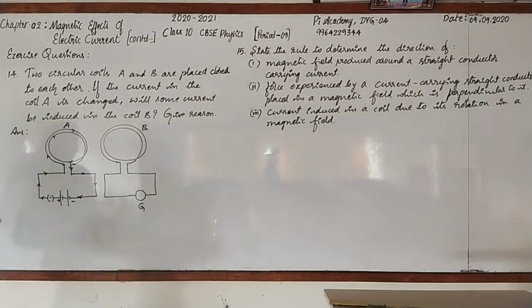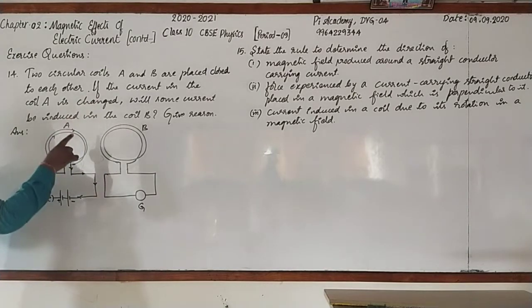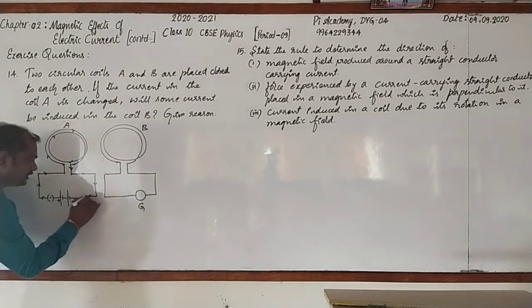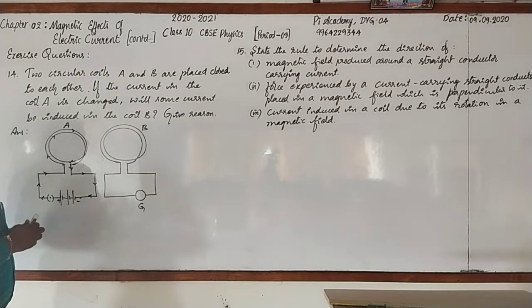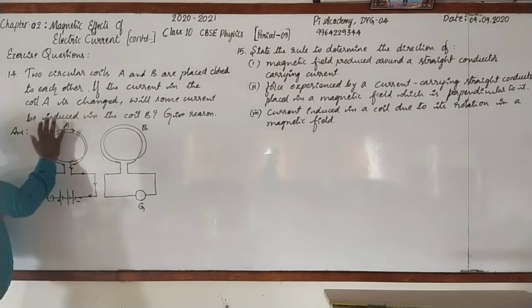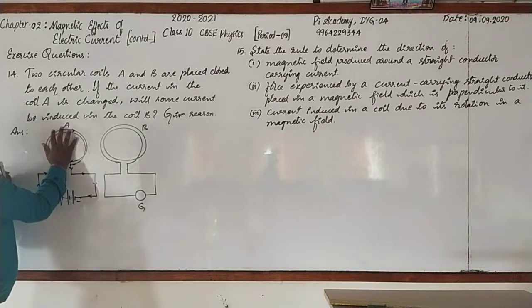That means coil B is in the magnetic field of coil A. Please do remember. If there is a change of current in the coil A, that means I am going to change the current by, look here, introducing one more cell. Then the current is increased. Then obviously the magnetic field linking with this coil also gets changed, right?